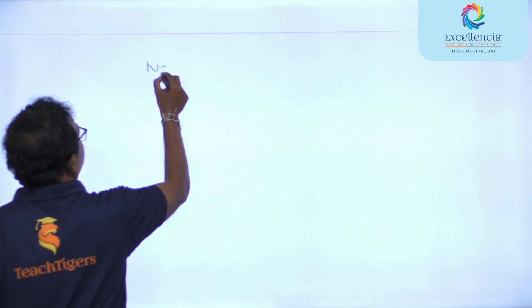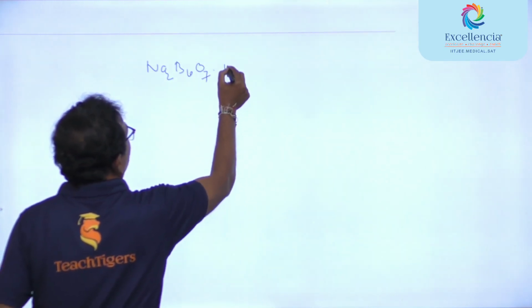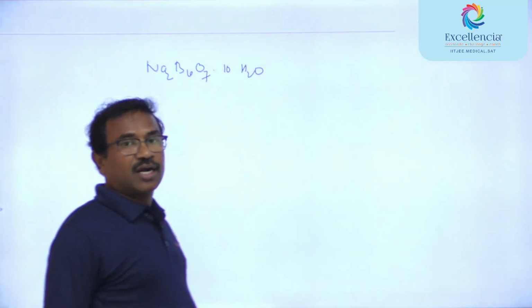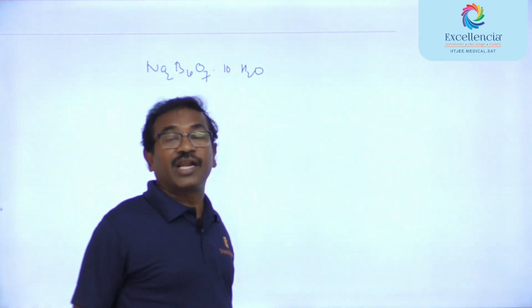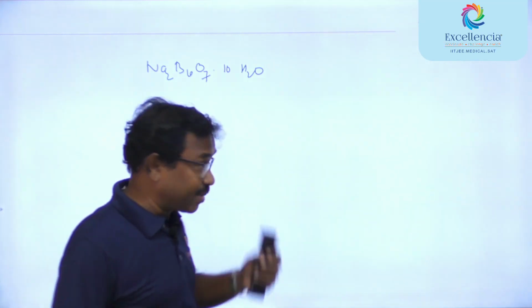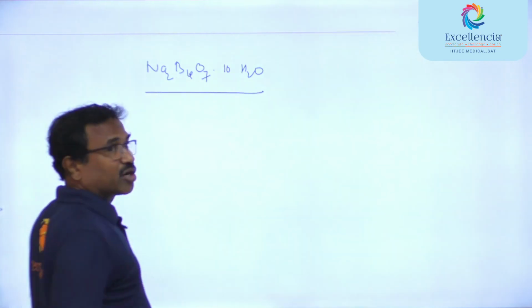So this is how you see Na2B4O7.10H2O. Structures are definitely one of the most important areas where questions are likely, so very important compound structures you have got to know by practice all the time. Now how do you look at this? Na2B4O7.10H2O.